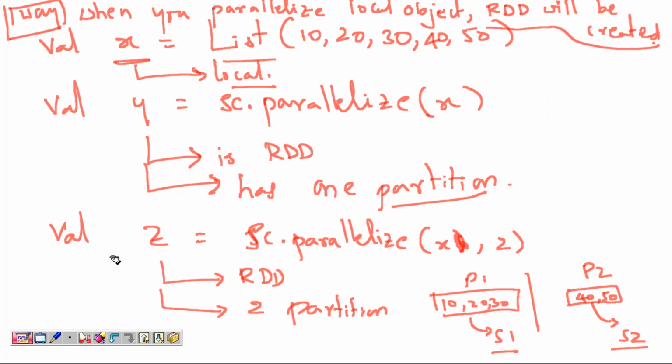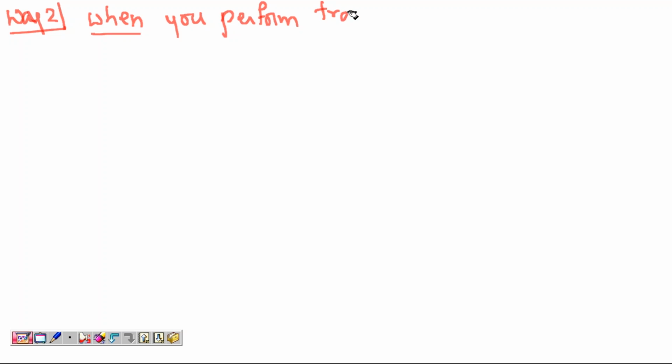Come to way number 2, another way to create your RDDs. What is the headline for this way 2? When you perform a transformation or filter over an RDD.